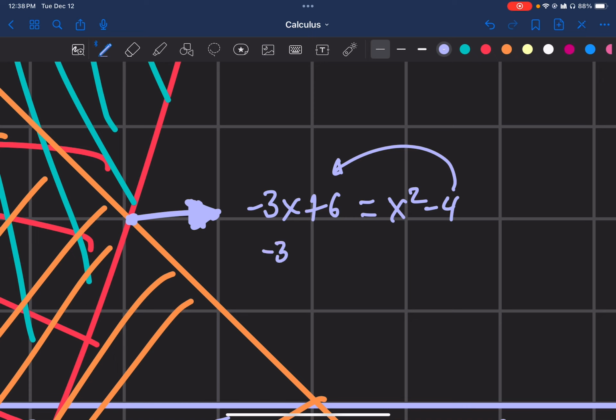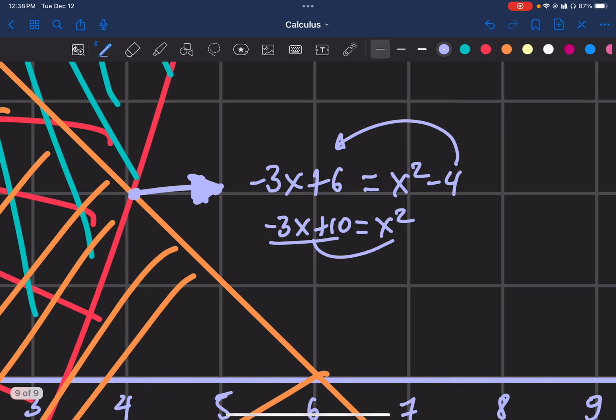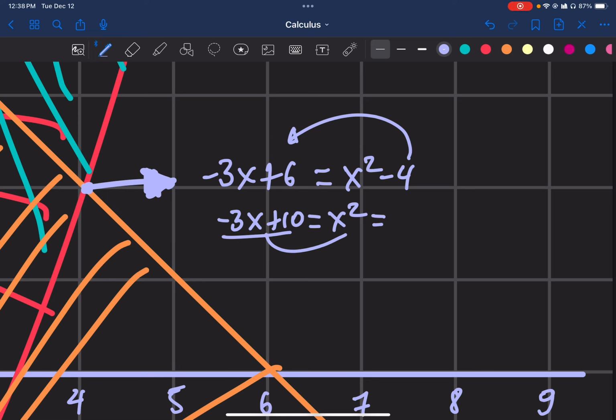So I end up with negative 3x plus 10 is equal to x squared. Then I bring all these things to the other side and make it equal to 0. So I end up with x squared plus 3x minus 10.